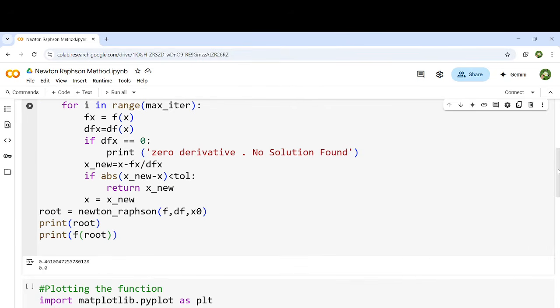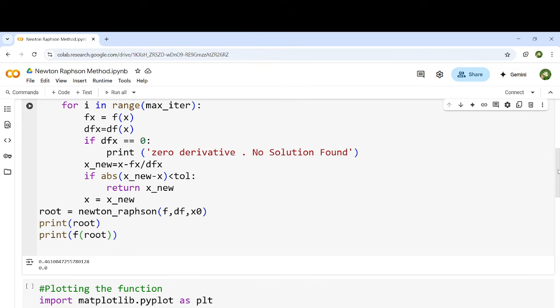Then we find the root, root equals Newton-Raphson of f, df, x0, and here I have printed the root and the value of the function at the root, that is f of root. We know that the value of the function at the root should be equal to 0.